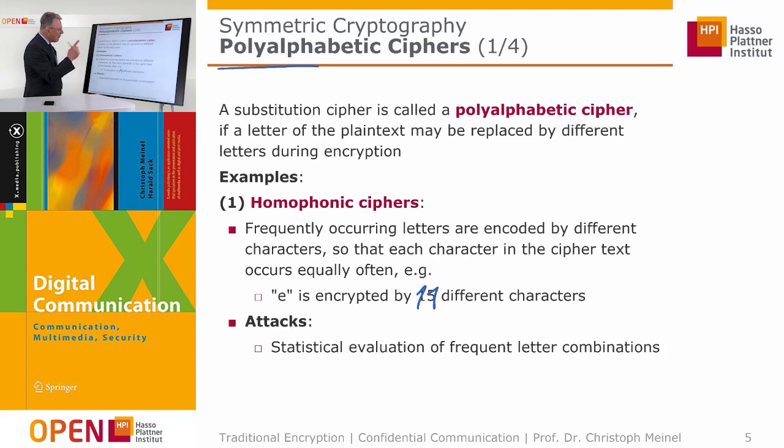methods. But also here, against these polyalphabetic ciphers, one can design attacks based on the statistical analysis of the frequent letter combinations. One is no more looking at the single letter.